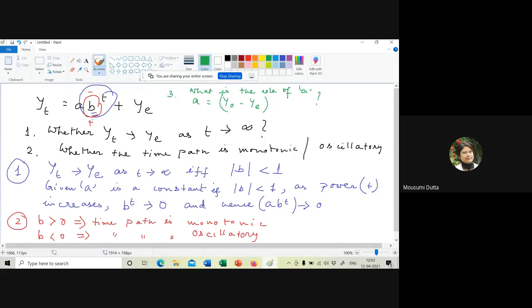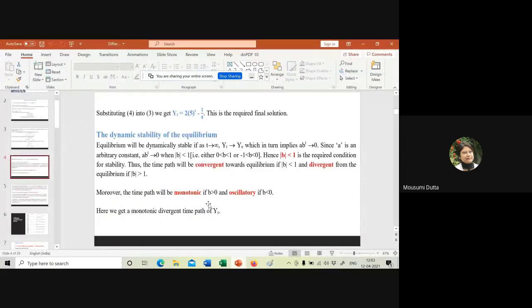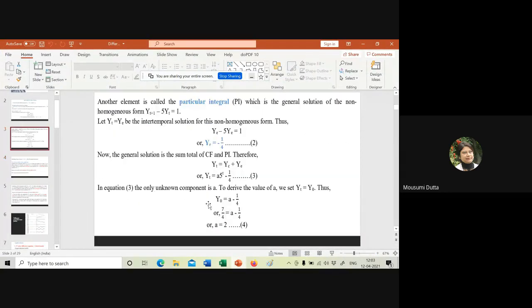For this particular numerical exercise, would you please check whether the value of A you are getting is the difference between Y naught and YE or not?